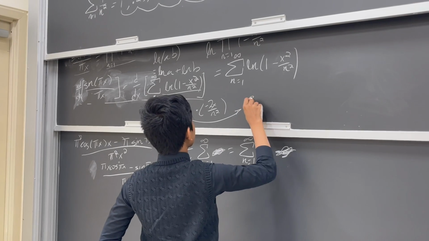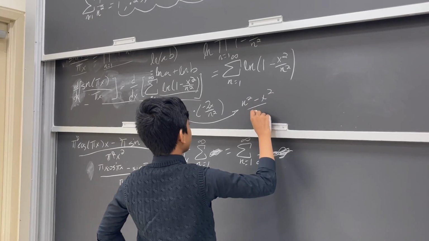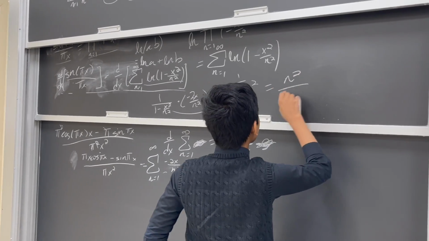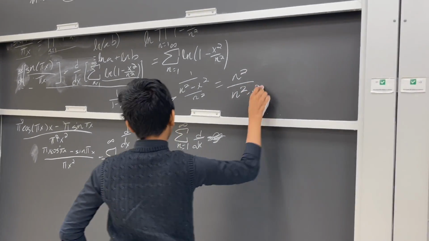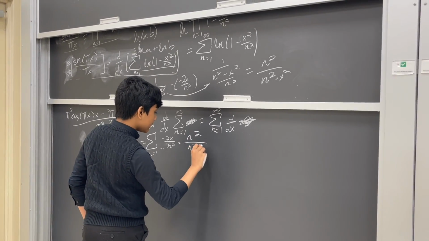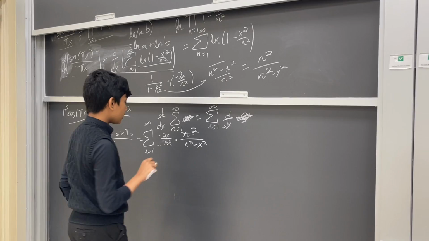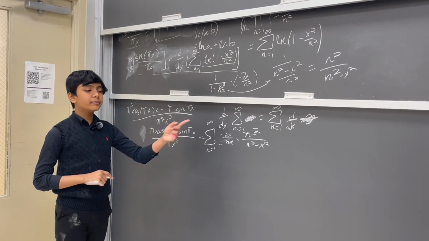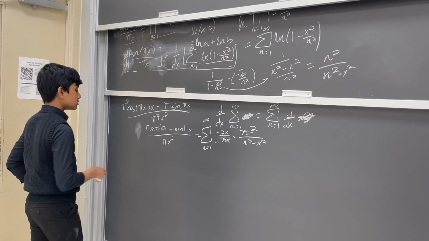This is n squared minus x squared over n squared. So doing this gives us n squared over n squared minus x squared. So we get that cancels right over there. Alright, cool, right? So now we're going to divide both sides by 2x.